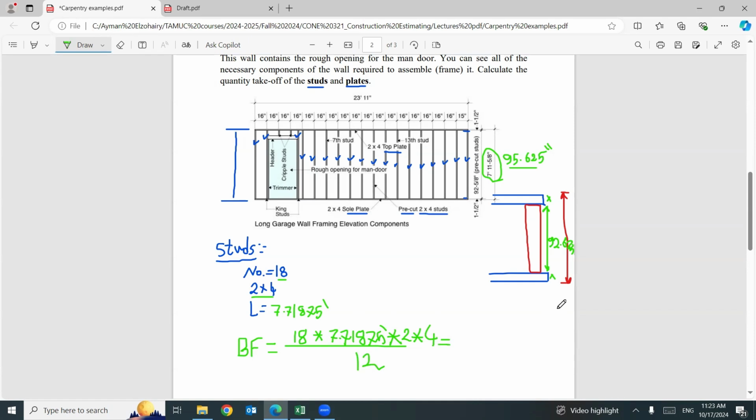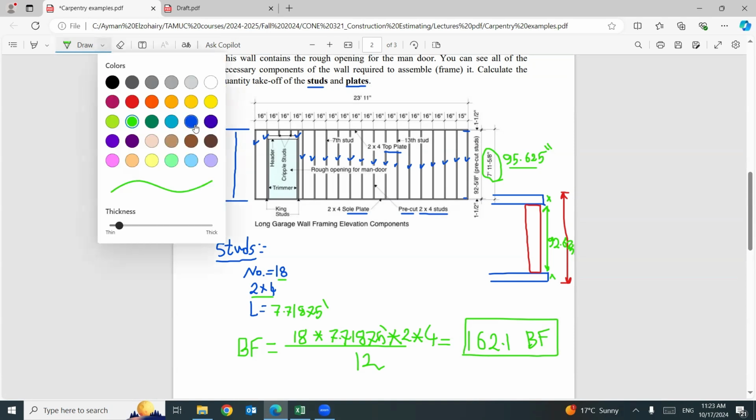Now I can tell you how much wood we need to order for studs only. It will equal 162.1 board foot or board measure for the studs.